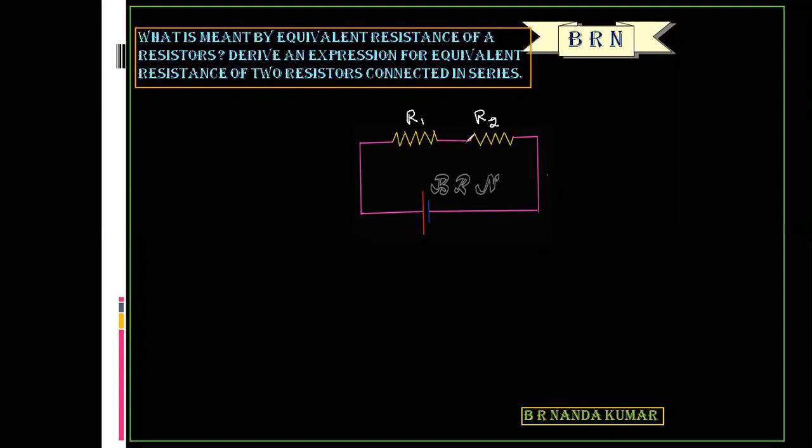Here both resistors are connected end to end. If the resistors are connected end to end, then the resistors are said to be in series.